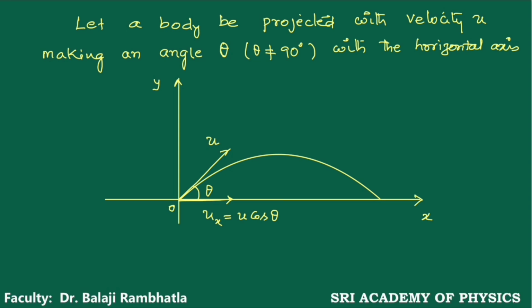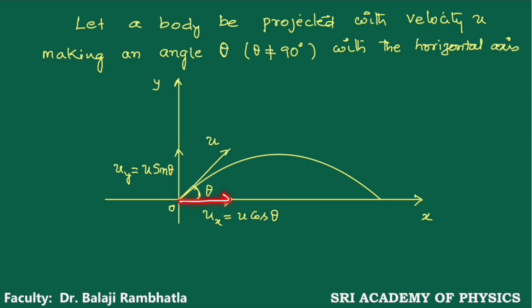The component towards the angle side we call the cos theta term, and the other component we can represent as uy equal to u sin theta. So here the velocity is resolved into two components. One is ux equal to u cos theta, which is along the x direction, and the other is uy equal to u sin theta, which is along the y direction.